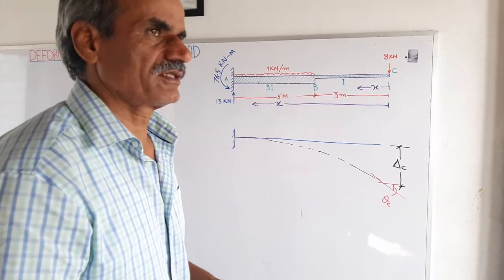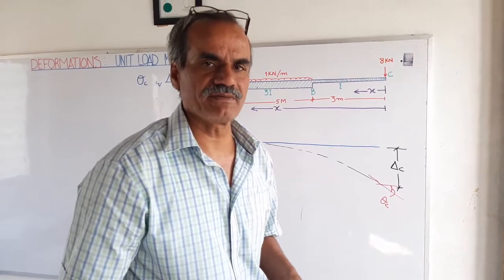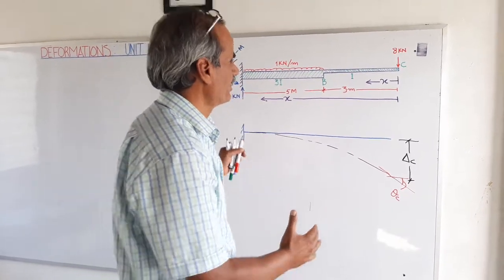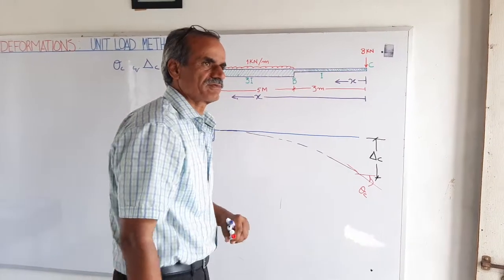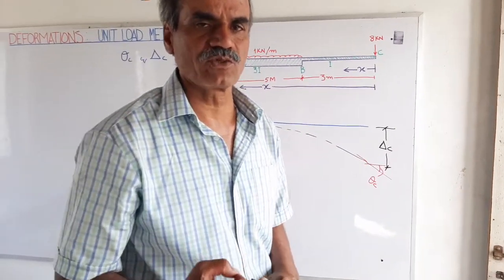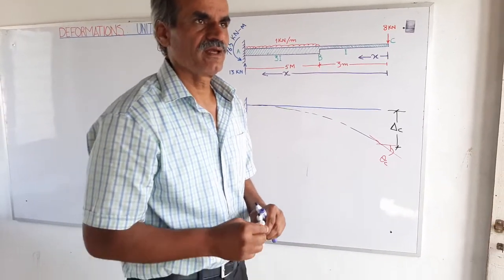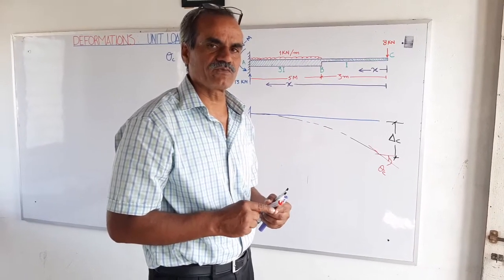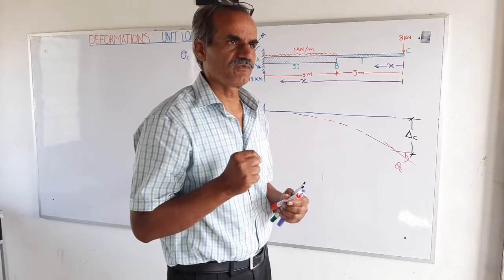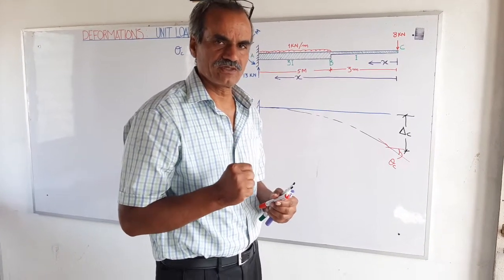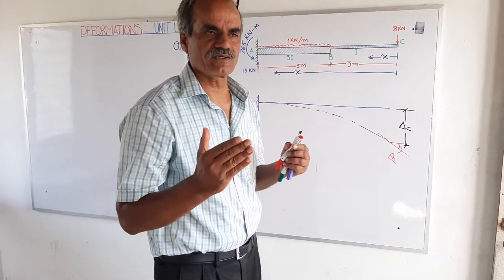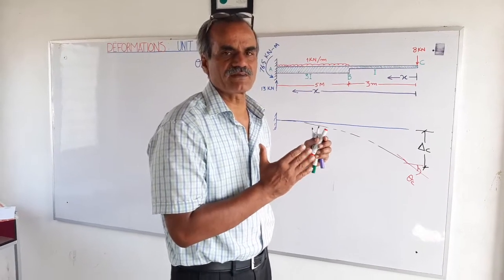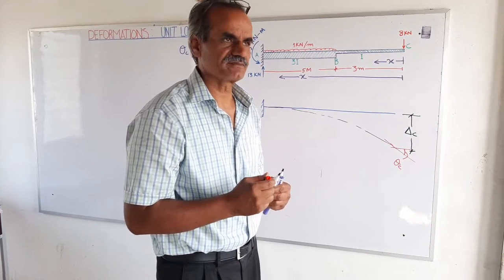Now the procedure given to us by the mathematicians is that we write the equations for the main structure under the action of external loads, that is surface loads. Then, depending upon the requirement, if it is a deflection, at the point where we need to find the deflection, we apply a unit load and again write the equations of bending moment for different segments of the structural element.